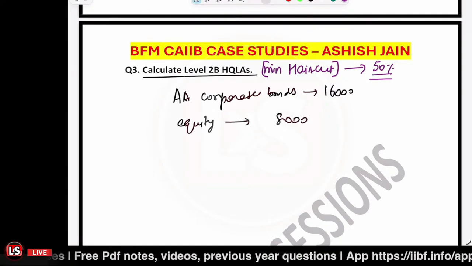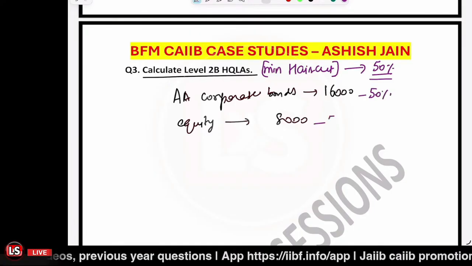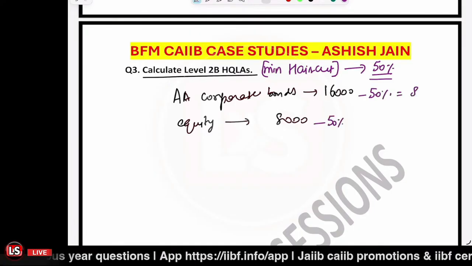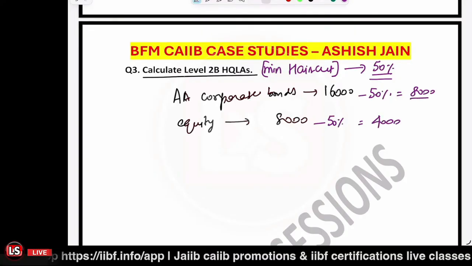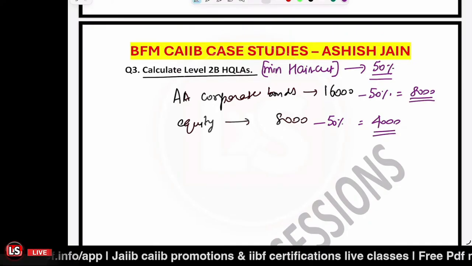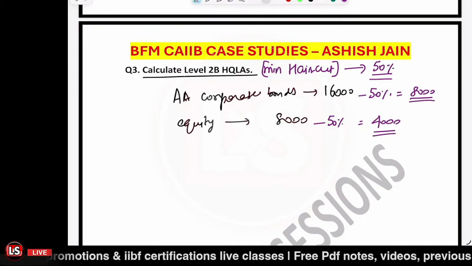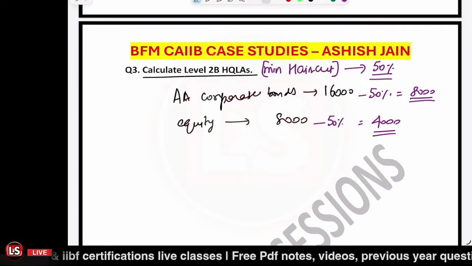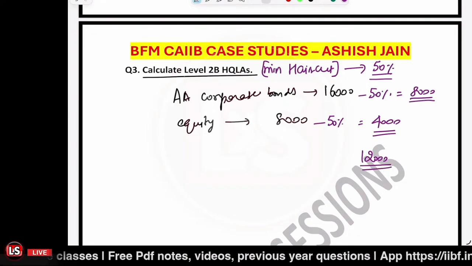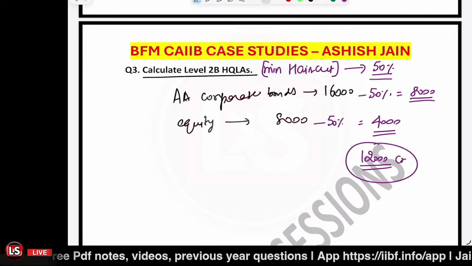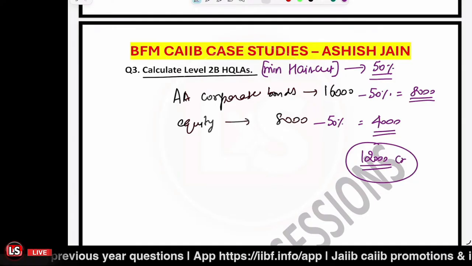So for AA corporate bonds, it is minus 50%, and also for the equity component minus 50%: 8,000 for this and 4,000 for this, right? So total level 2B assets would be equal to 12,000 crores.